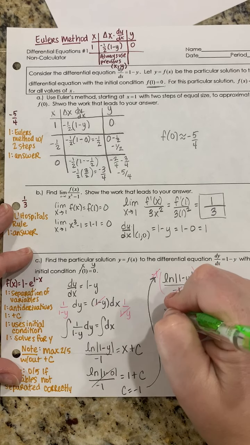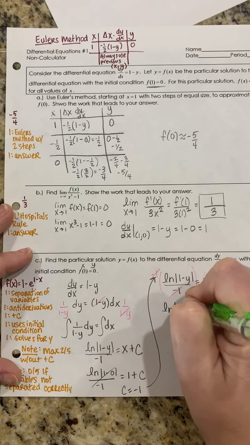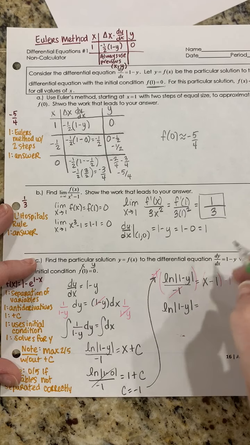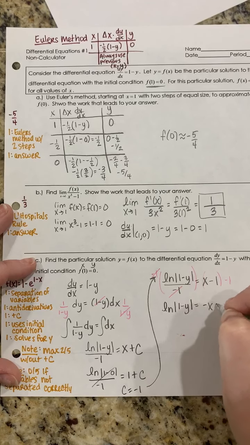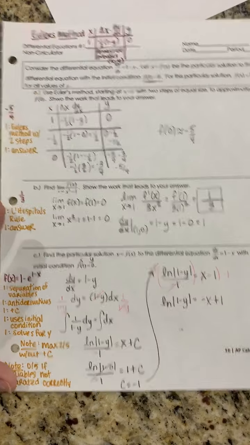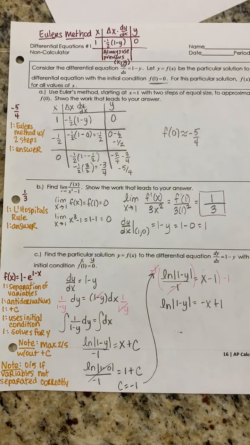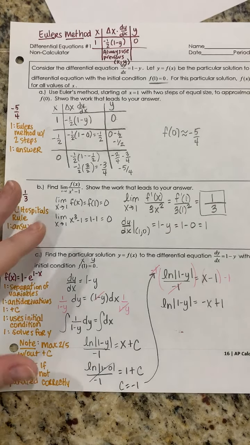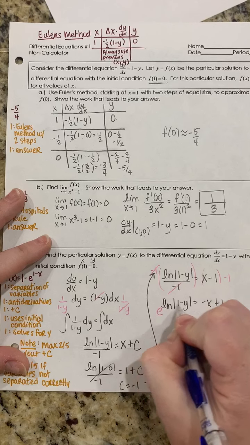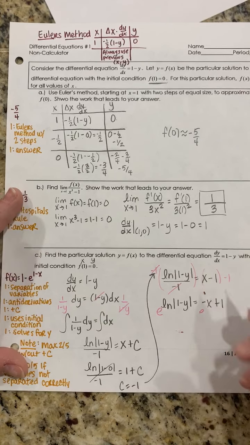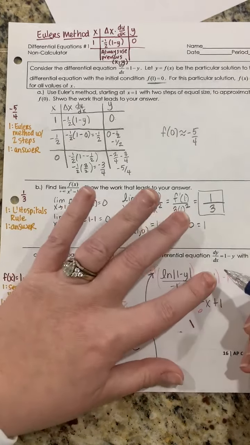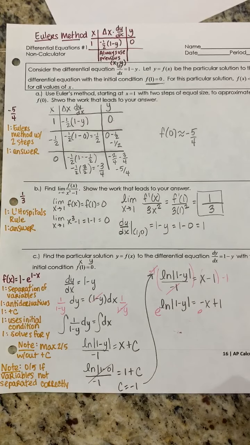So this is going to be ln of absolute value 1 minus y equals negative x plus 1. Now, how do I get rid of ln? I exponentiate both sides base e. So e is my base, and all of this is the power.